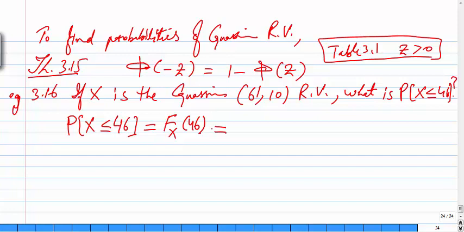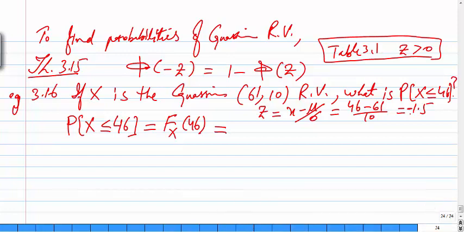So if we use the formula, z is equal to x minus mu divided by sigma. If I put x is 46 minus mu is 61, divided by 10, it becomes minus 1.5.